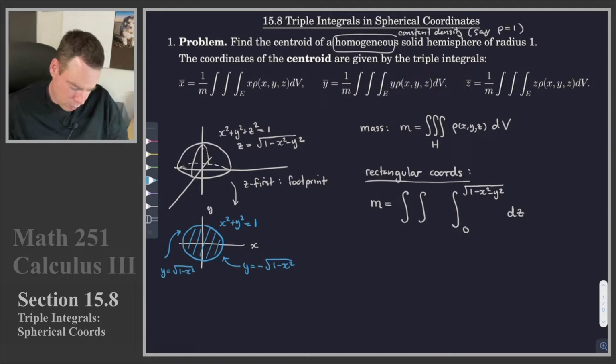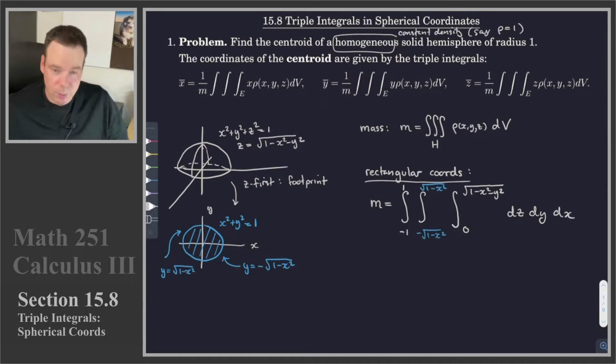So if I integrate along the y direction next, I would be integrating from negative root 1 minus x squared all the way up to the square root of 1 minus x squared. So that would be our dy integral next. And then we'd have our dx integral last, and that would go from negative 1 to 1. So there would be our integral if we were to set it up using rectangular coordinates.